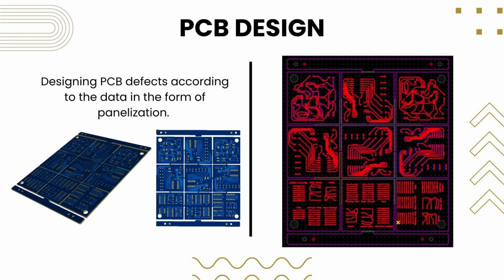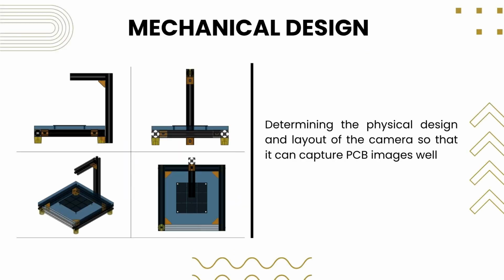The board is arranged in a panelization layout, meaning one panel contains multiple sections with different defect types. This design allows us to easily capture and test various defect patterns under the same lighting and camera conditions. Later, the same PCB will be used to validate the YOLO V12 detection results in real time using the camera system.